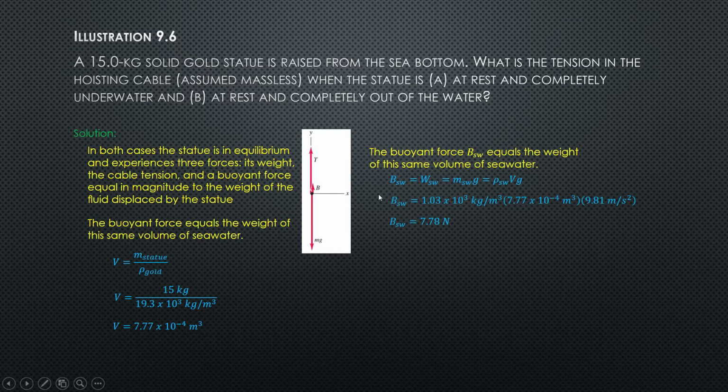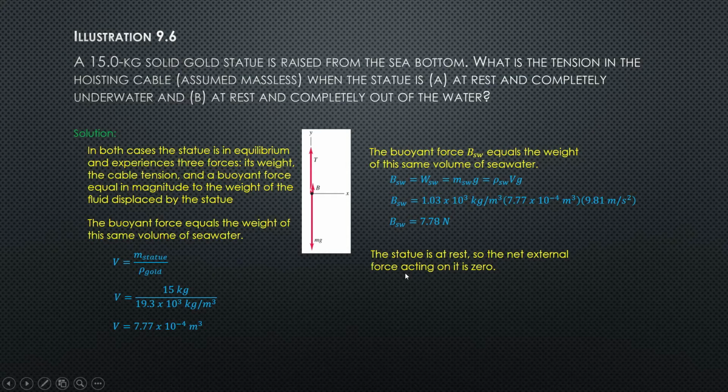Therefore, with the density of seawater from the given table as 1030 kilograms per cubic meter, multiplied by the volume, 7.77 times 10 to the negative 4 cubic meters, multiplied by acceleration due to gravity, the buoyant force is 7.78 newtons.